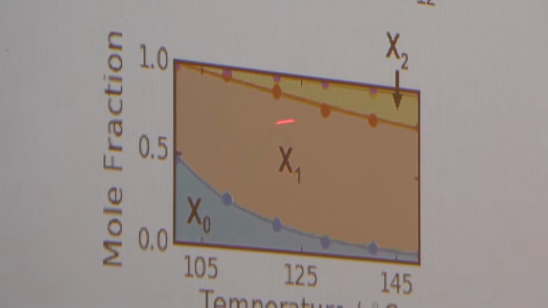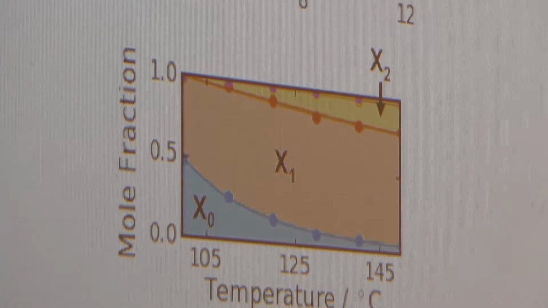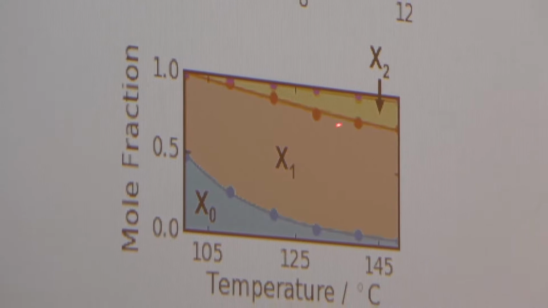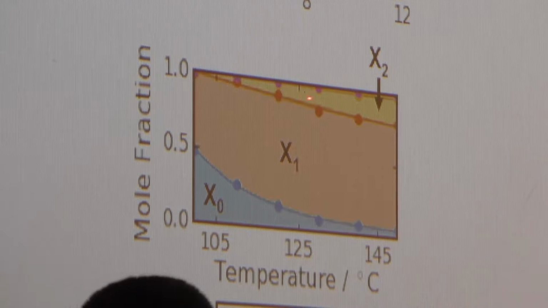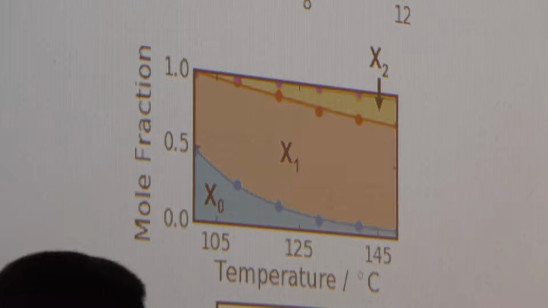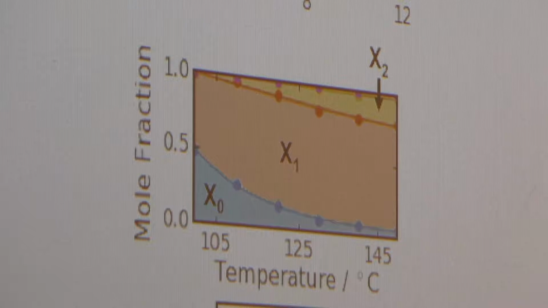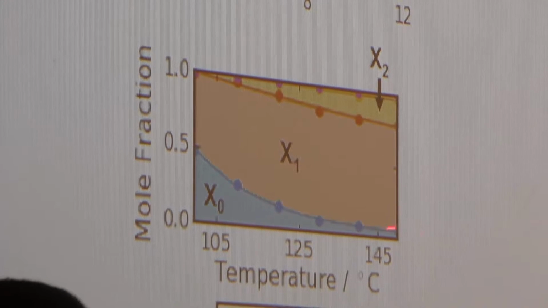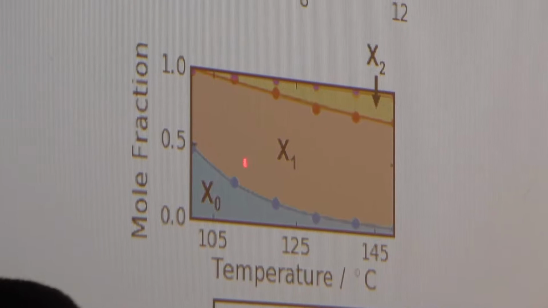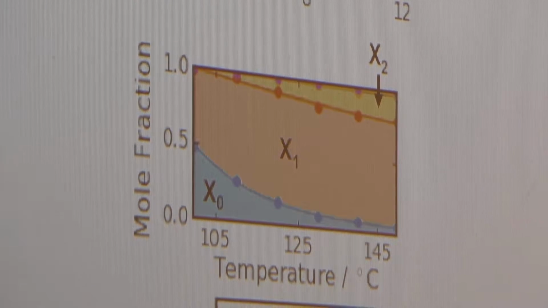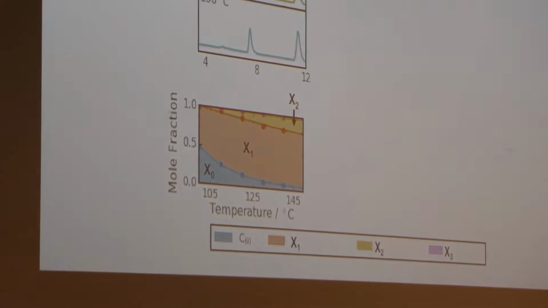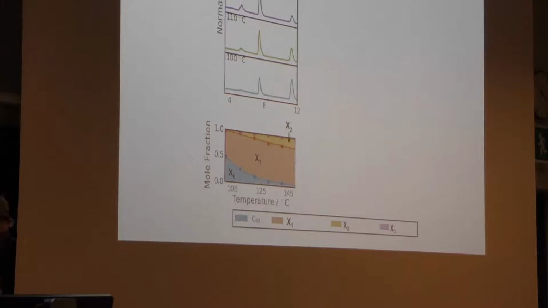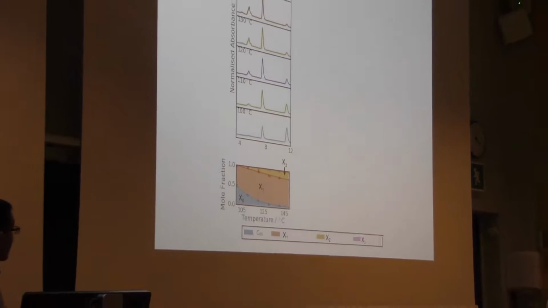This region here tells me the amount of the singly functionalized derivative, and the yellow zone here tells me the amount of the doubly functionalized derivative, and there's barely any in this plot of the triply functionalized derivative. But what you can see, as I just explained to you there, the amount of C60 is falling away, and the amount of the first and second order derivatives is increasing. So we're gaining first and second order derivatives at the expense of our reagent, which is not surprising.